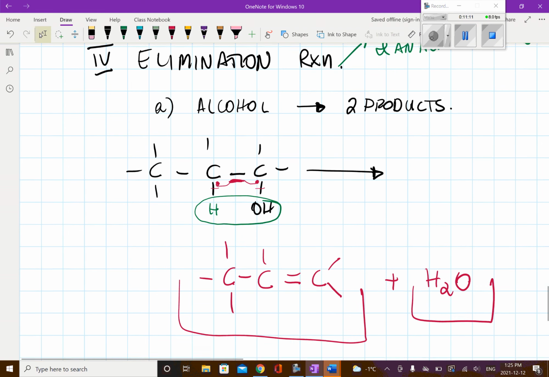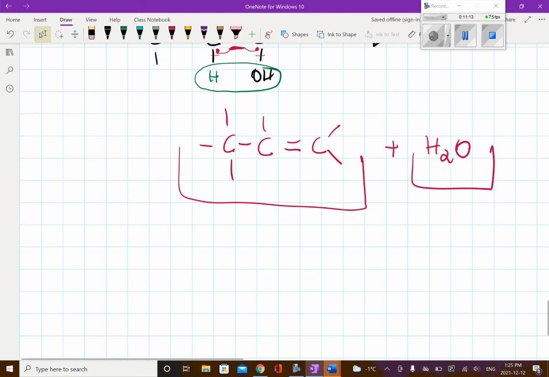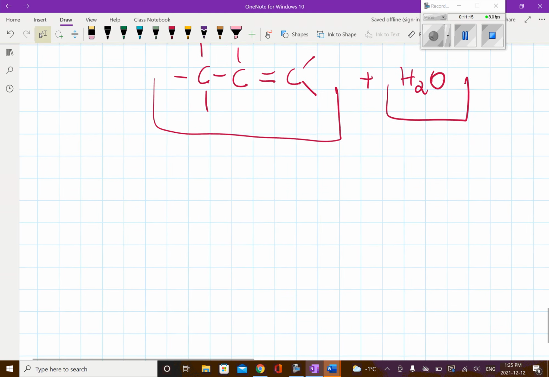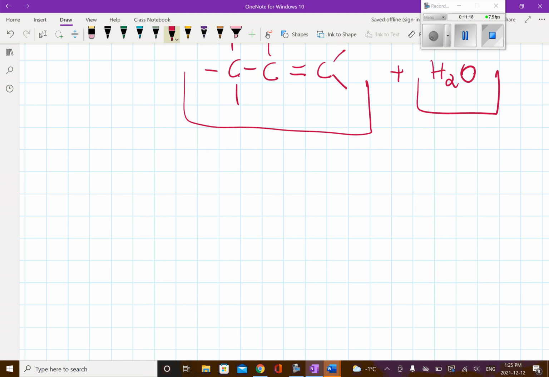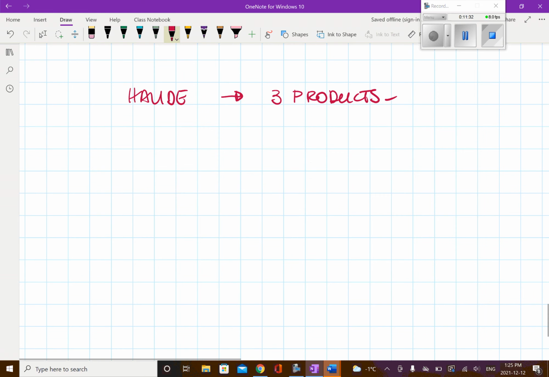The second type of reaction in elimination is when we have an alkyl halide. Alcohol is the first one, and when we have a halide, what you see in that case is actually three products. So let's suppose that we have an alkyl halide here, and in one of them, let's say that we have a Br.